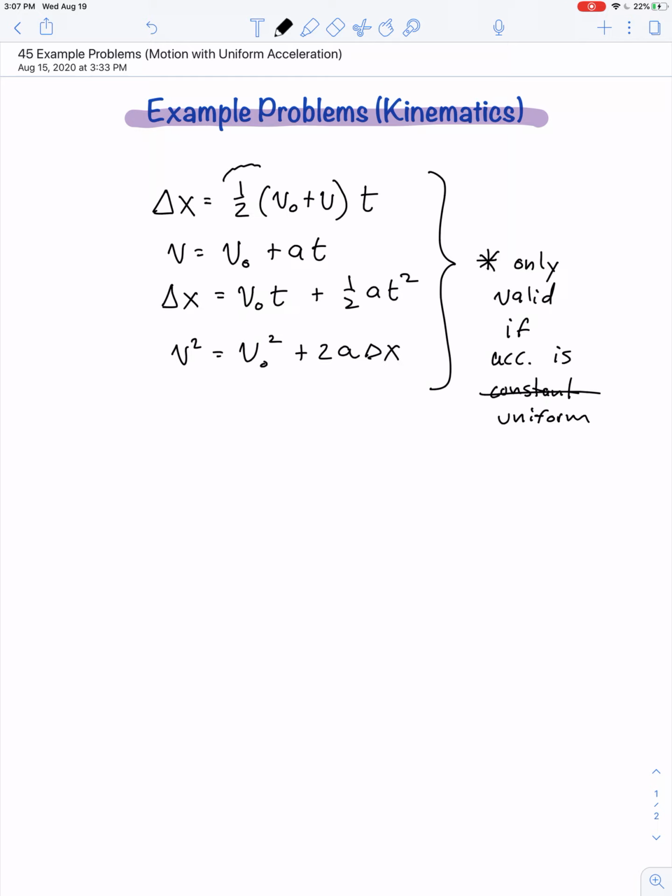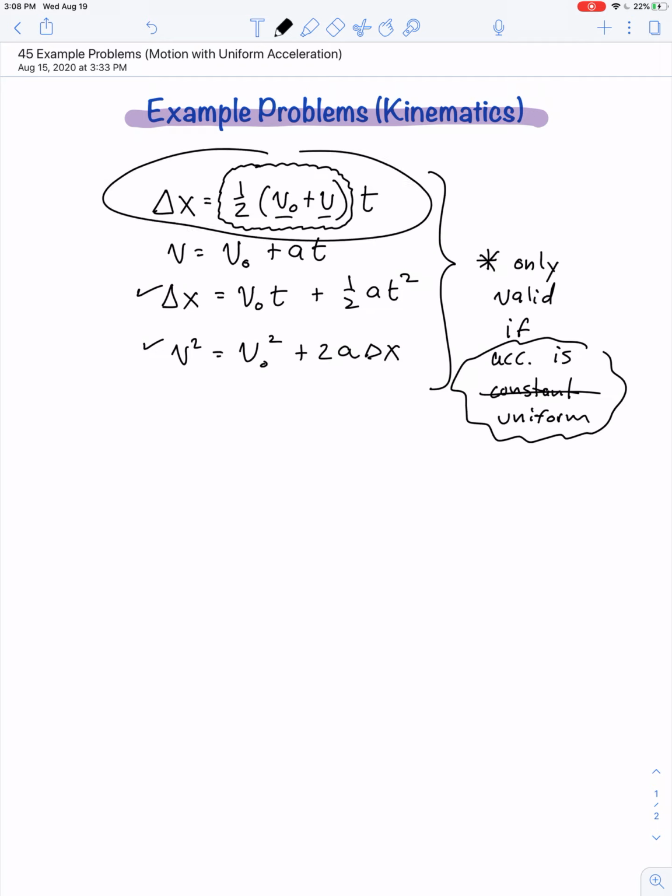That's because this expression is really an expression for average velocity, but we can only compute average velocity by taking half of the sum of the initial and final values in the case where acceleration is uniform. And because these other equations depended on substitutions into this first equation, then they all rely on this condition.